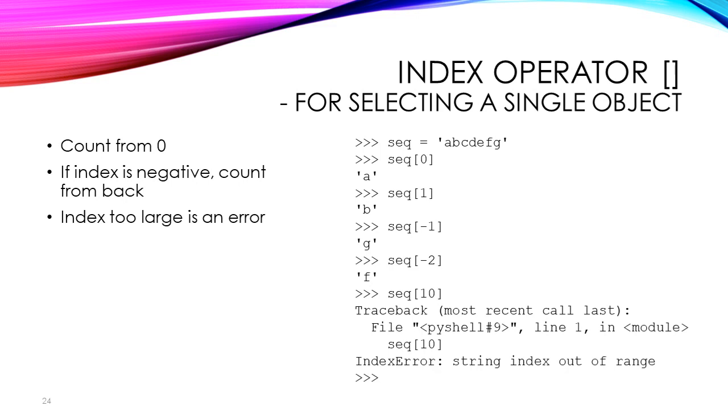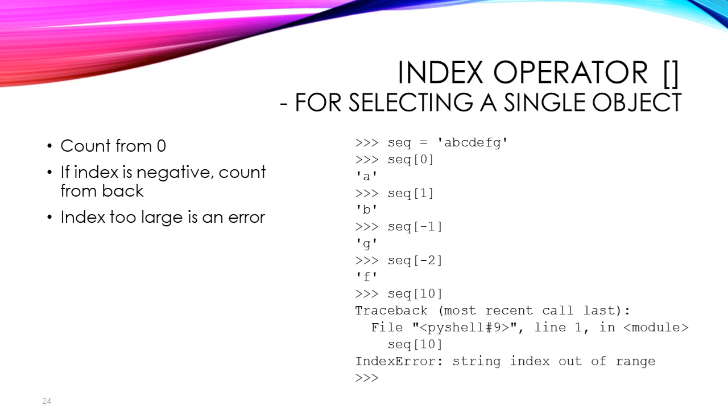So we have an example. We have a string, A, B, C, D, E, F, G. We're assigning that to something called SEQ, short for sequence. So I apply the 0th index operator to SEQ, and I get an A, which is, of course, the first character in the string. If you apply the index operator of 1, then you'll return B, the second character.